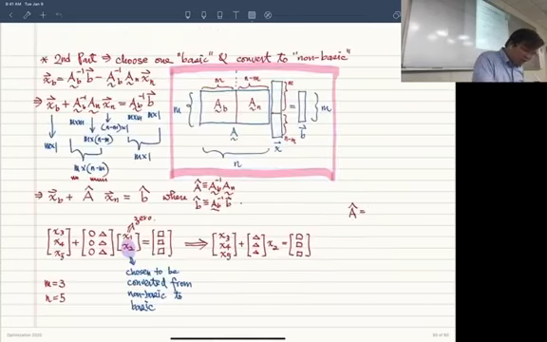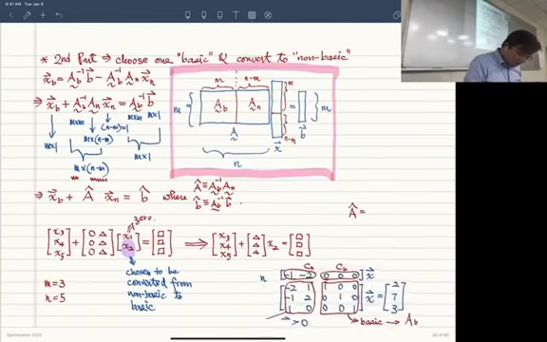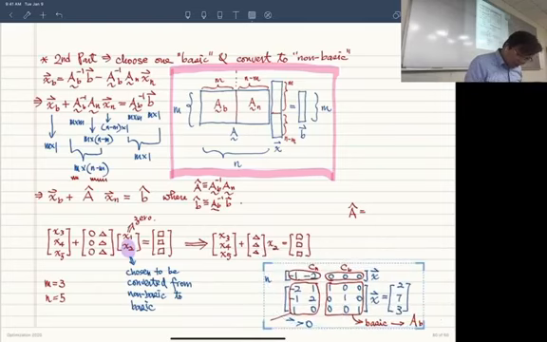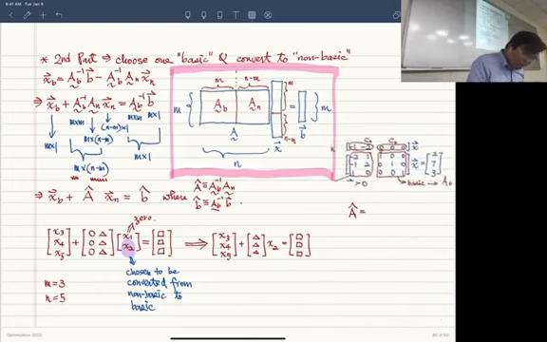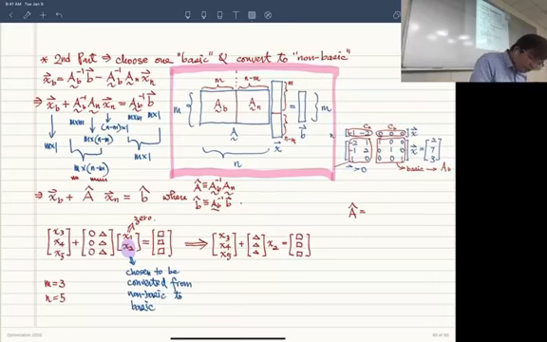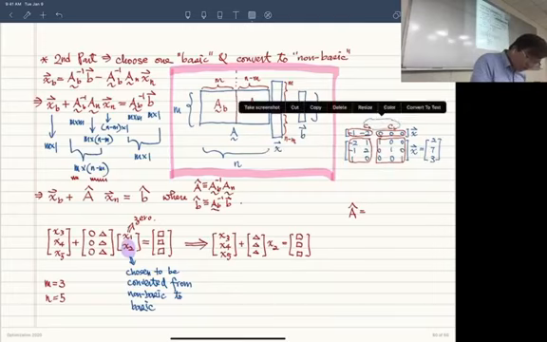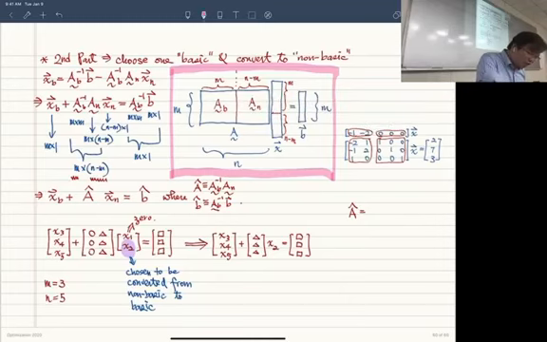Copy it, and then let me paste it here, but resize it and place here. And I'm gonna delete some of those, the ones I don't need. Okay, I don't need those. And I just need to remind myself those are the basic and those are the non-basic.